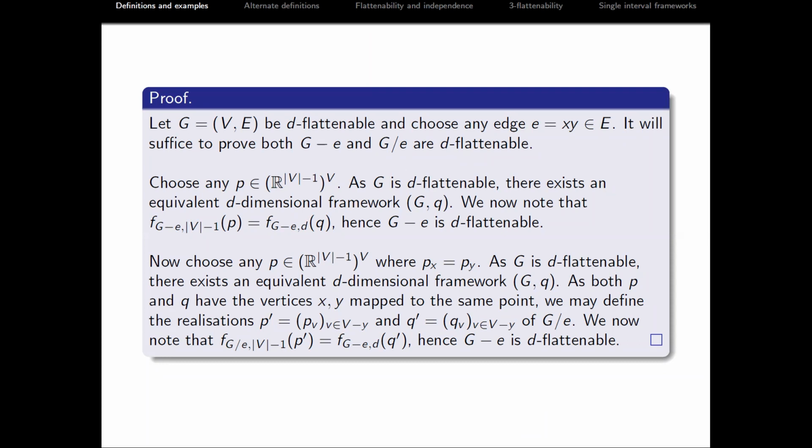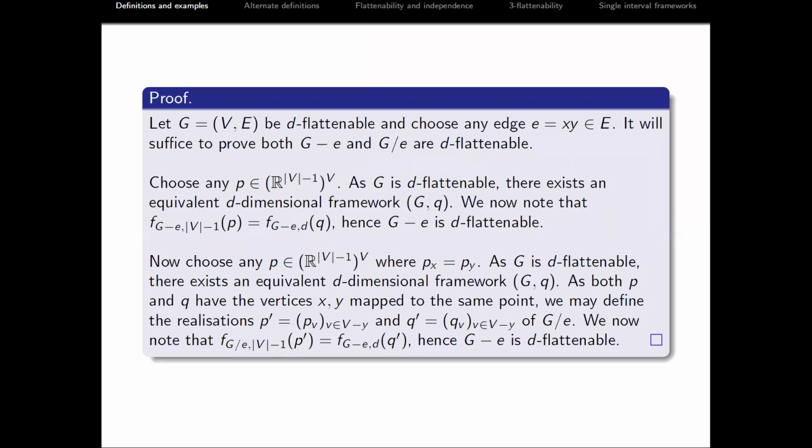And then you let r go to 0. For each r, you get one of these embeddings. I guess it's not so clear how you're supposed to patch them together.